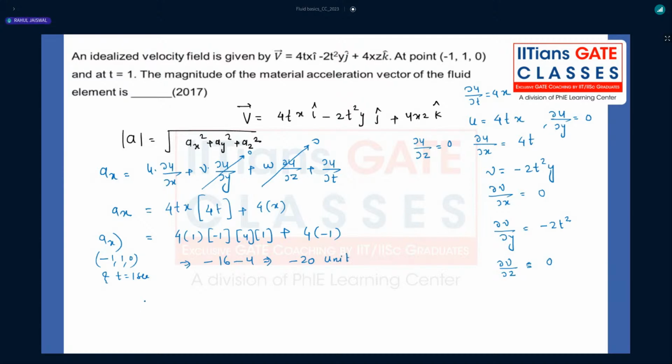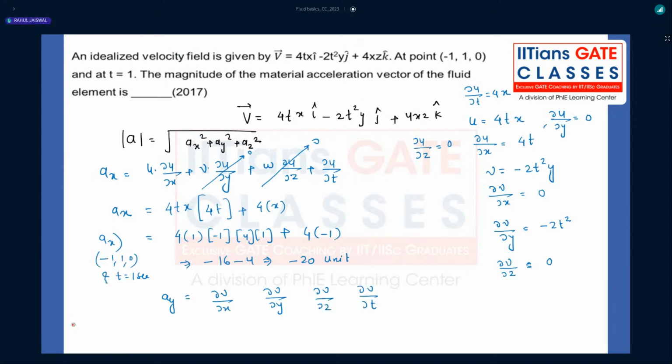What is the acceleration in the y direction? Tell me. What will be the acceleration in the y direction? So we can write, it's a very simple formula. Y is there, you just write ∂v/∂x, ∂v/∂y, ∂v/∂z, ∂v/∂t.